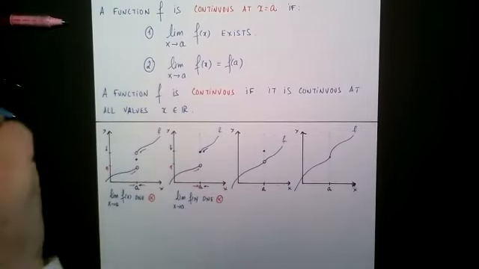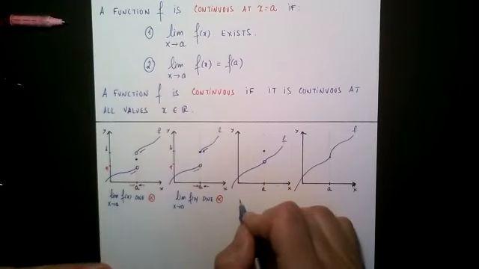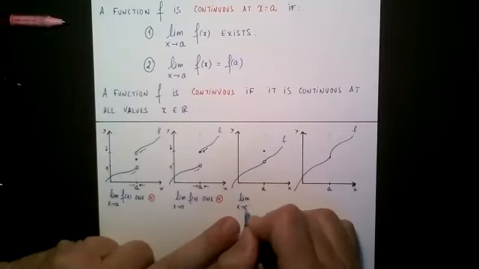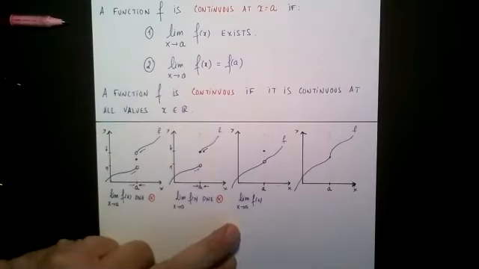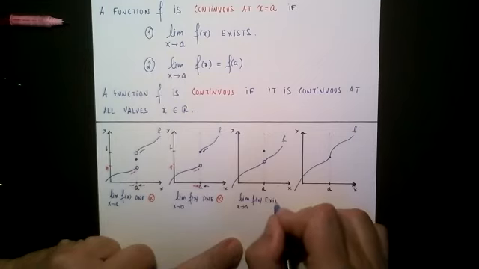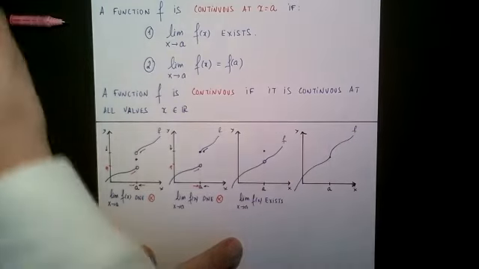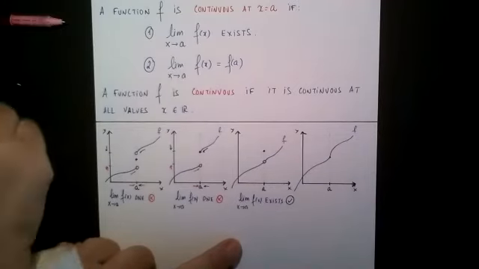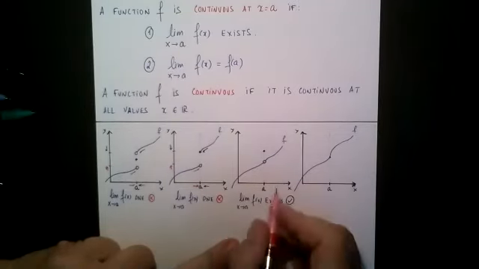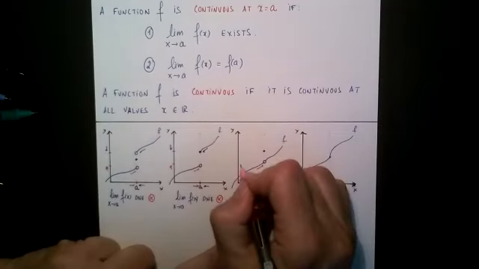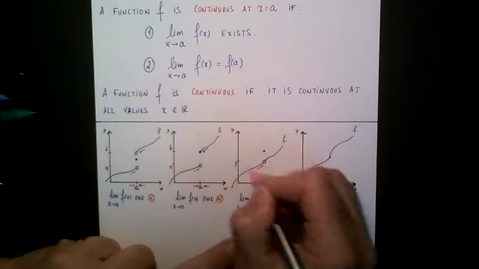This one here. Does the limit as x approaches a exist? Yes. Perfect. This one, it exists. Why? Because if I approach from the left, I'm approaching this dot, which is really close to this value of y.